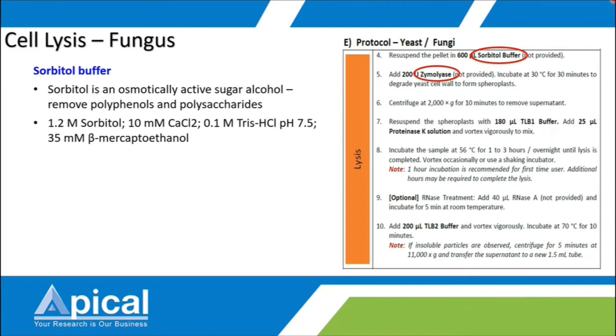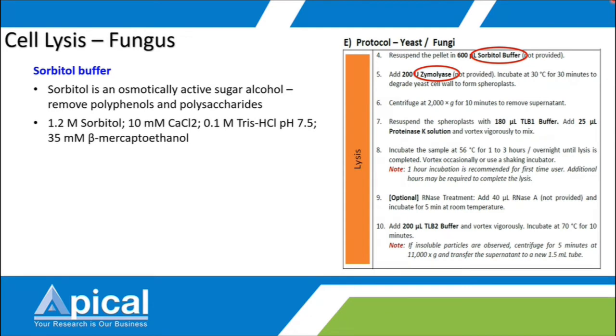In the lysis of fungus cell, there is also an additional step using zymolyase. This enzyme is also a lytic enzyme. Its activity is to hydrolyze the glucose polymer at the beta-1,3 glucan linkage, so it breaks down the cell wall of the fungus cell.